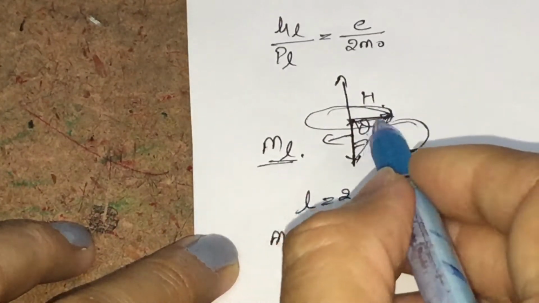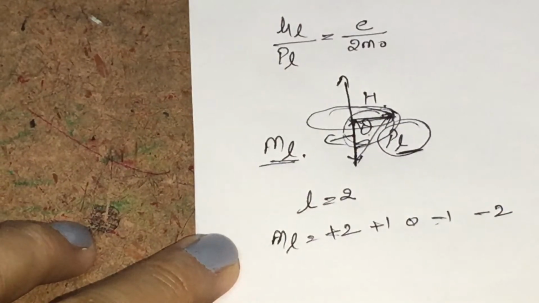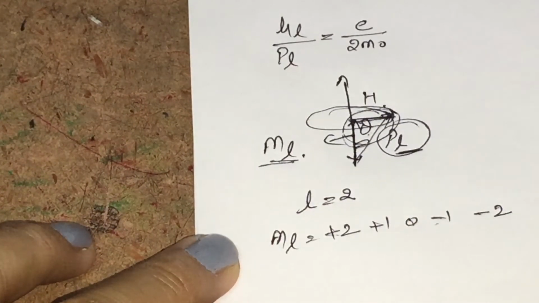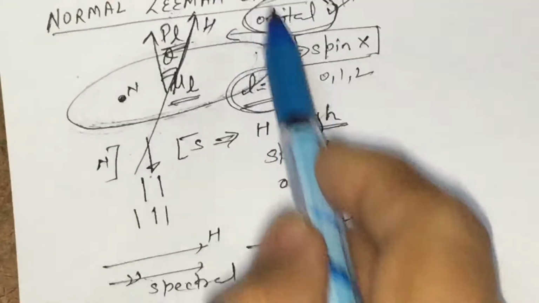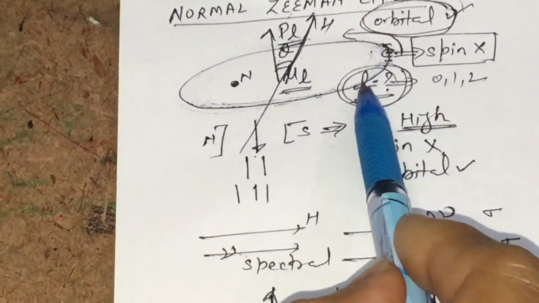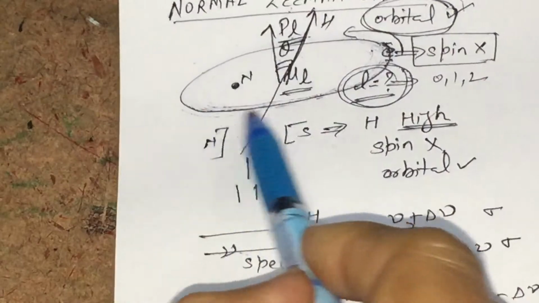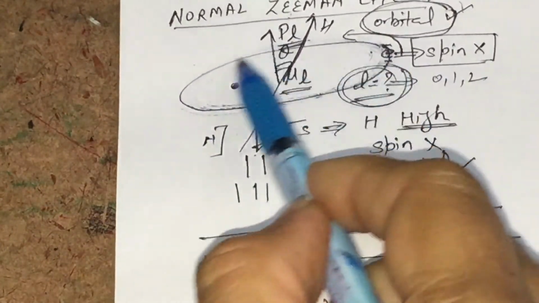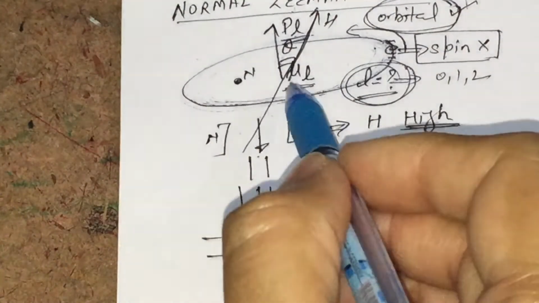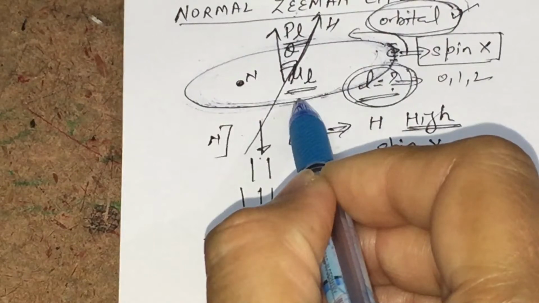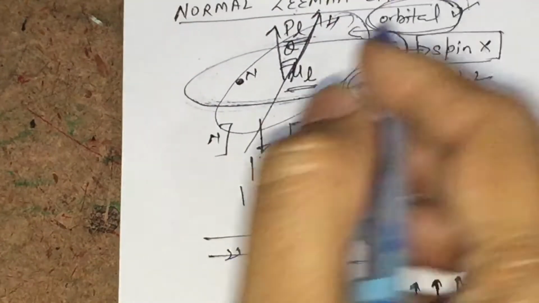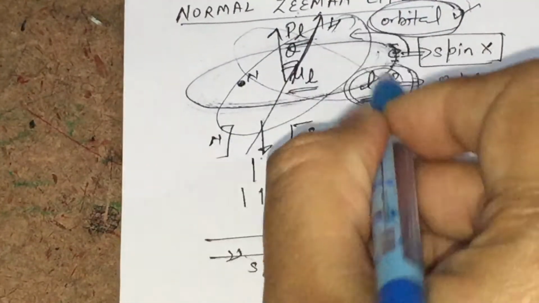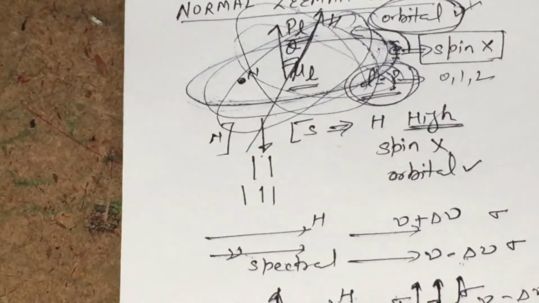We get 5 different values of theta, that is, for l equal to 2 we have 5 types of orientation of this orbit around the applied magnetic field. It means this single orbit will now, when a magnetic field is applied, be in 5 different directions.